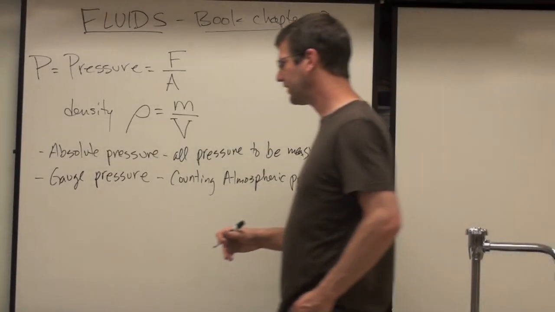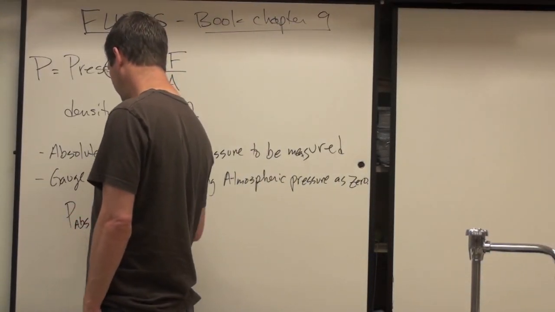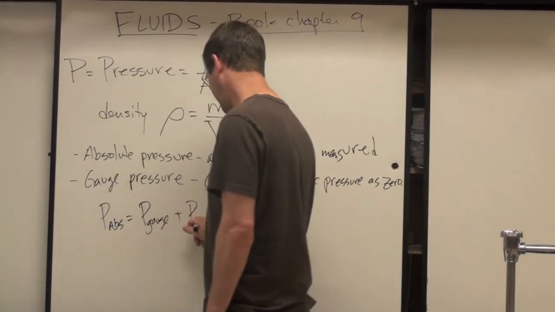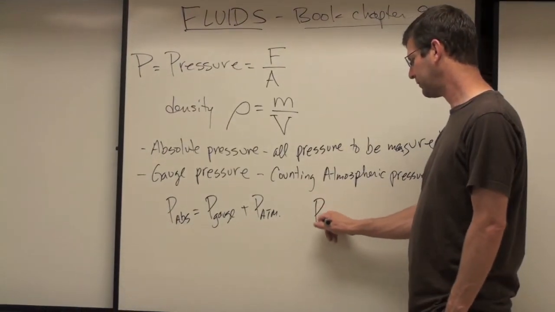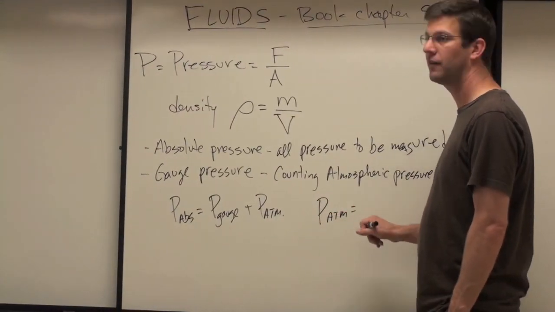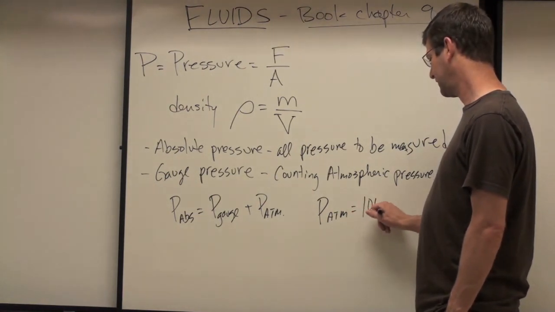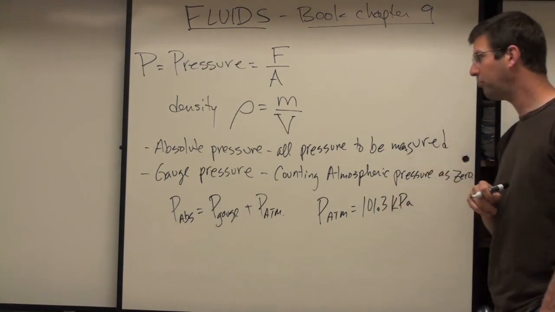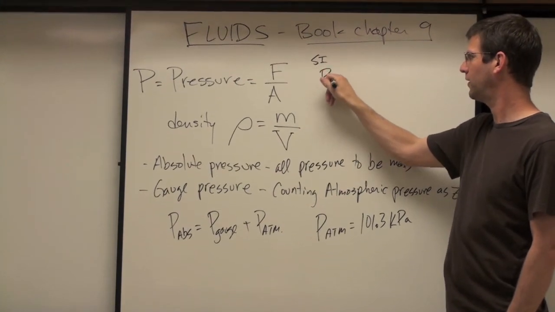So you kind of have to think about the two: our absolute pressure equals our gauge pressure plus atmospheric pressure, right? Which our atmospheric pressure again is, what was it? 101,300. Pascals, right? So in SI, our unit of pressure is a pascal.